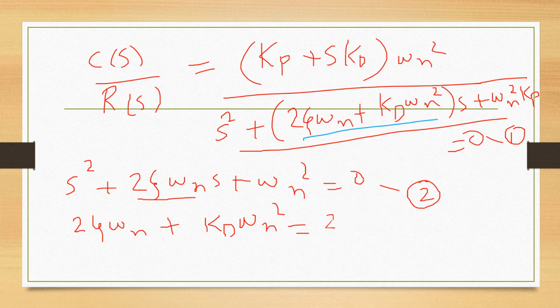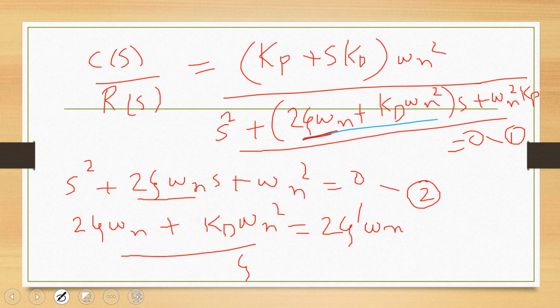Since in this equation also it is zeta, I use it as zeta dash, 2 zeta dash omega n. If I further simplify the left hand side, I get zeta dash is equal to zeta plus half Kd omega n.